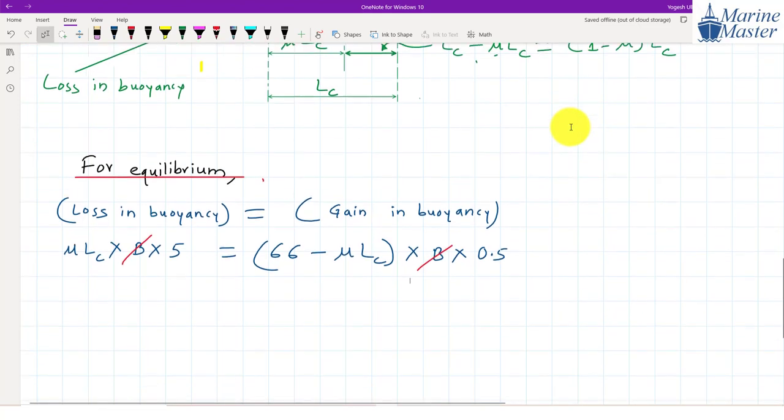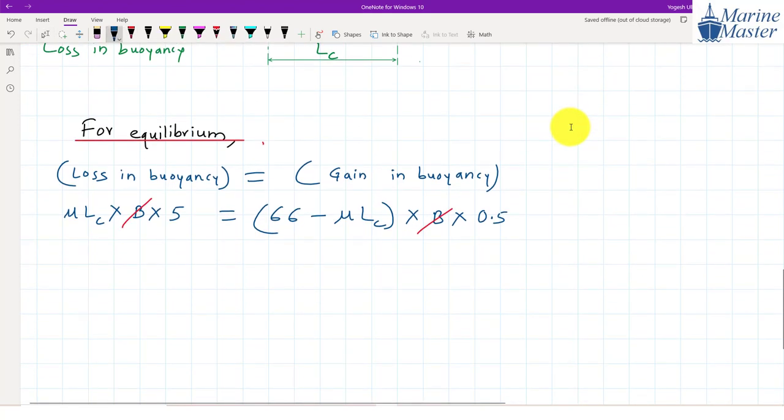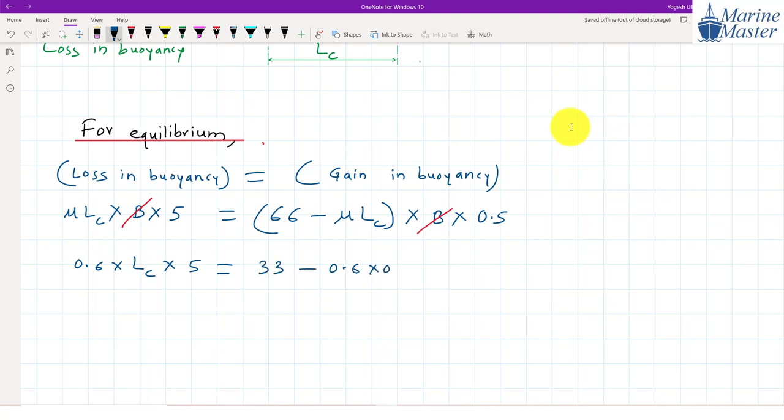Mu is 0.6, so 0.6 into LC into 5, equal to 66 multiplied by 0.5, which is 33. 0.6 multiplied by 5 gives 3 LC.